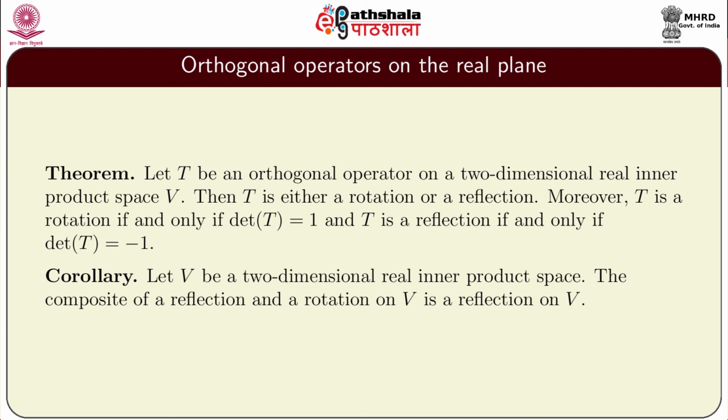And a corollary which says that, let V be a two-dimensional real inner product space, the composite of a reflection and a rotation on V is a reflection on V, and that is because of the determinant condition.